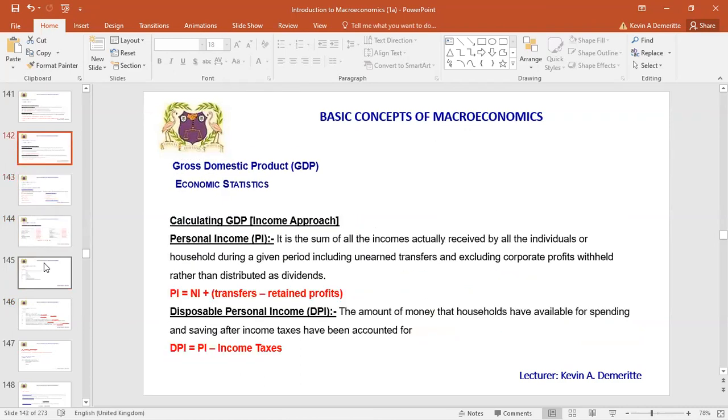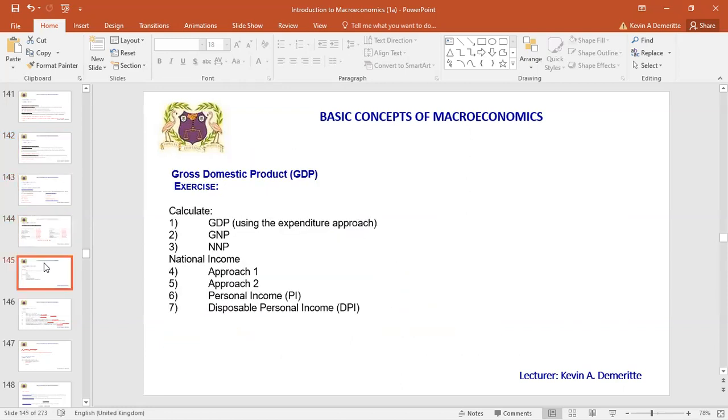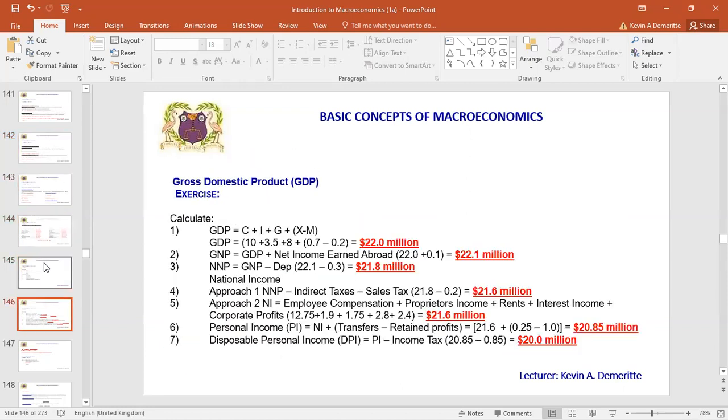Sorry, I have a question. By all means, and this is Fabian. Hi, yes, Fabian. Okay, for the one NNP, question number 4, you said indirect taxes minus sales tax. No, indirect tax. Actually, sales tax is an example of an indirect tax. Oh, okay, so it's not a part of the formula.